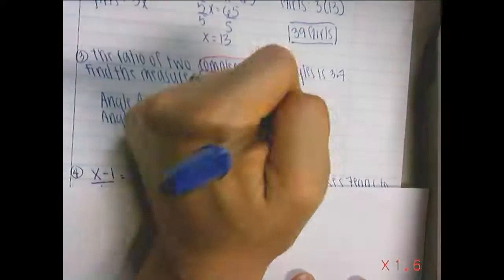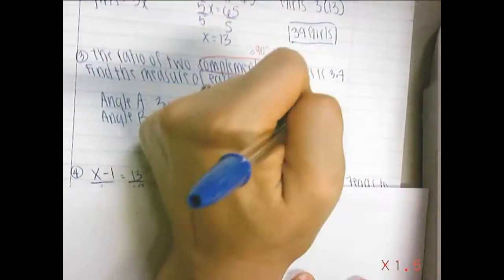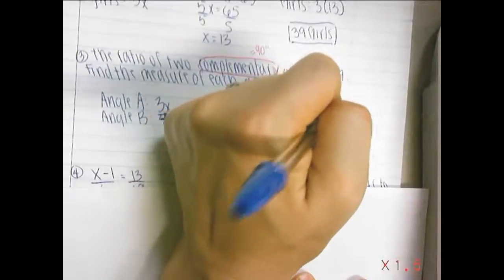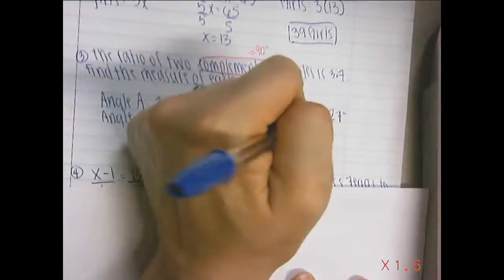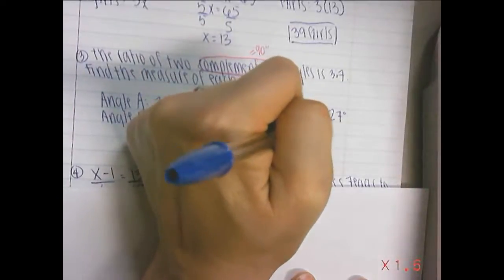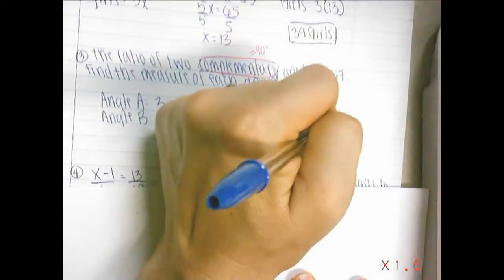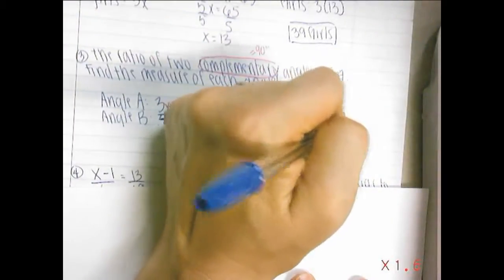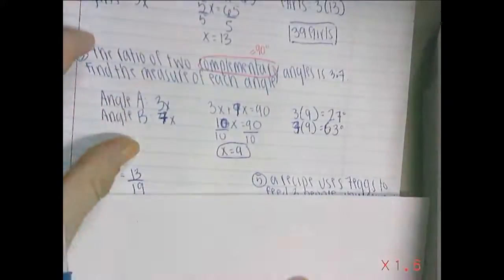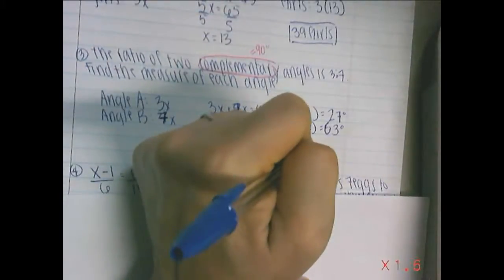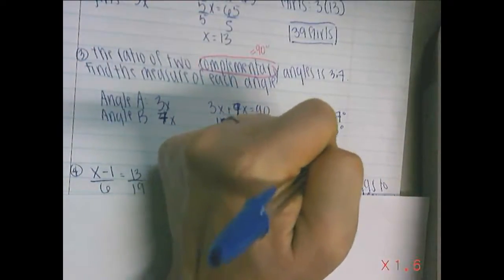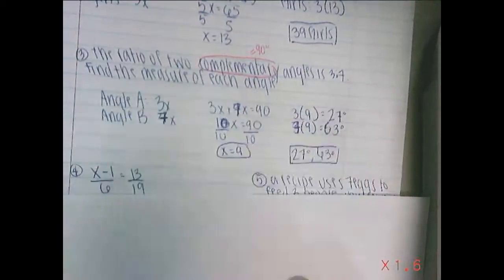Now let's figure out what each angle is. So 3 times 9 equals 27 degrees, and 7 times 9 equals 63 degrees. So I have two angles, 27 degrees and 63 degrees as my answer.